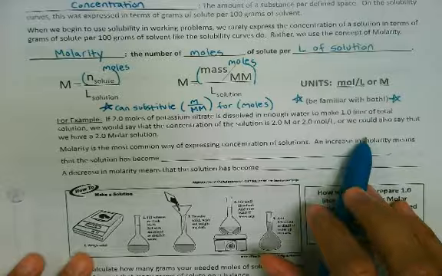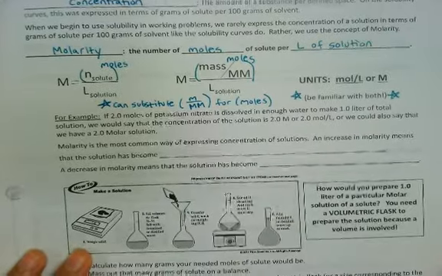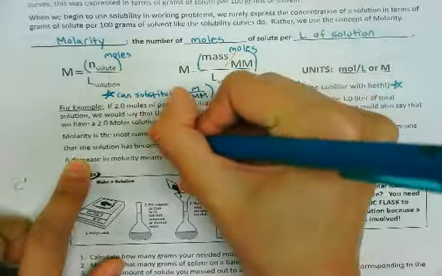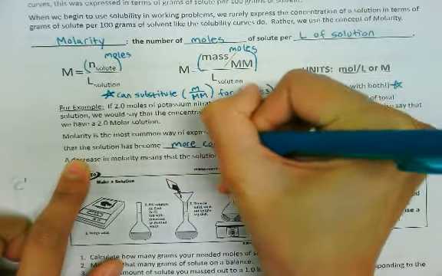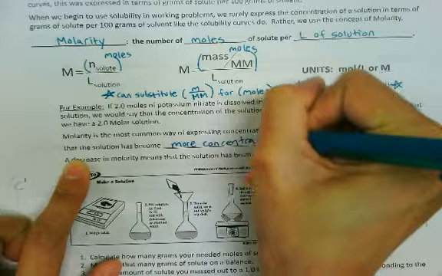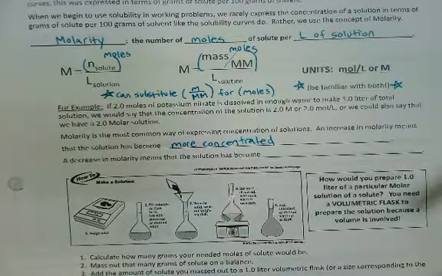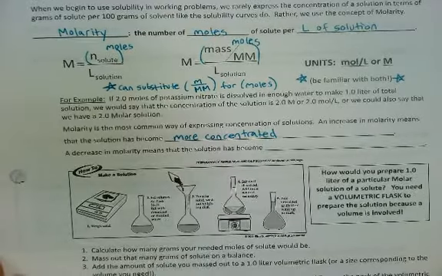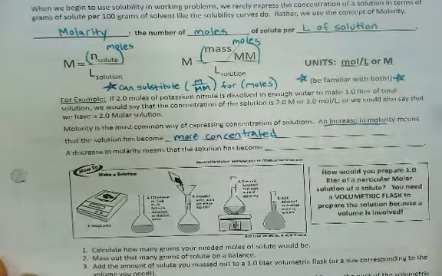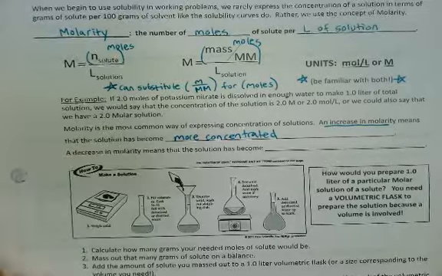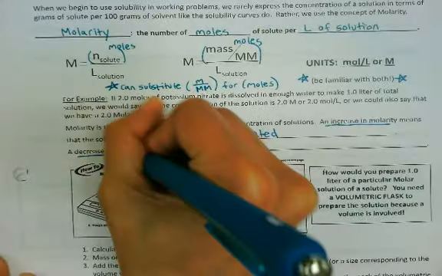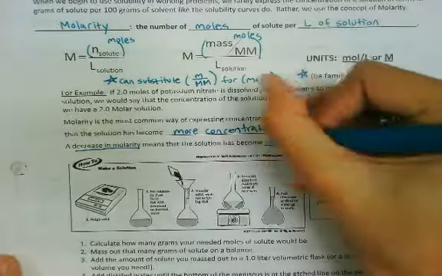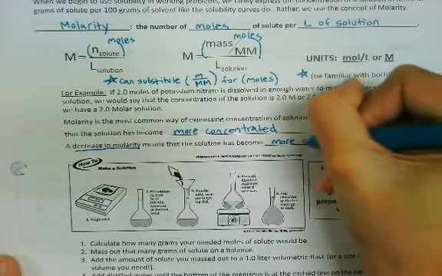If we say that there has been an increase in molarity, we mean that to say that the solution has become more concentrated. An increase in molarity means that the concentration of the solution increased. The solution is more concentrated. So that goes with increase in molarity. A decrease in molarity, on the other hand, means that the solution has become more diluted.